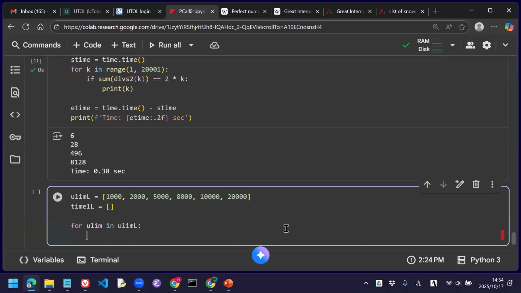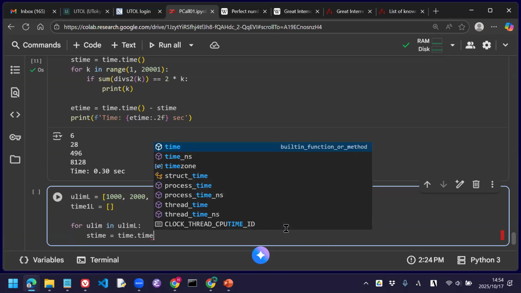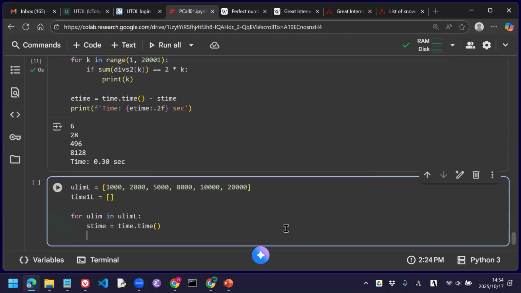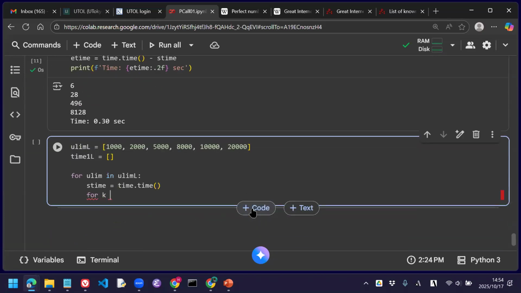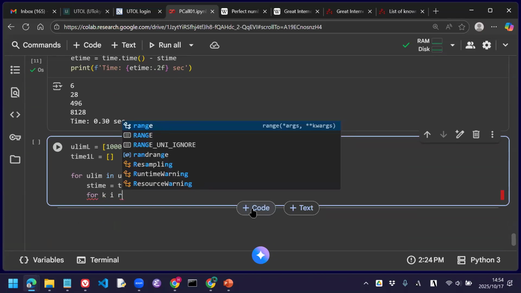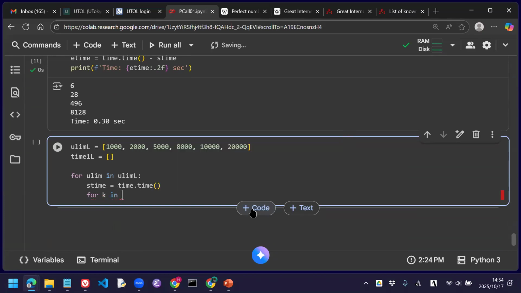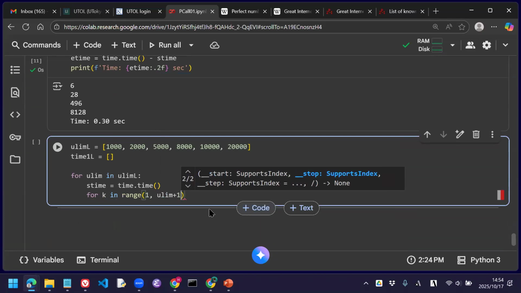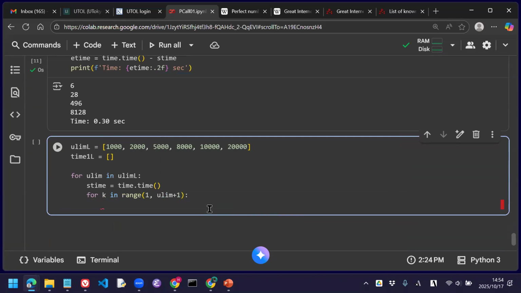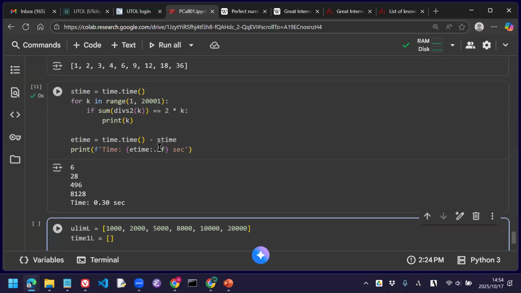As usual, as last time, start time equals time.time(). Then for k in range(1, ulim plus 1), we do the same thing as before.